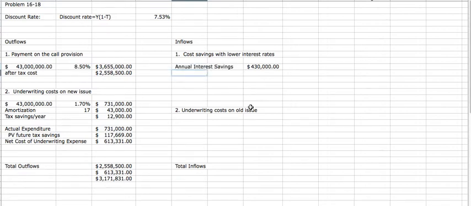But our problem here is that that is our cash savings, but remember, we can write off interest against taxes, so we need to calculate what our actual savings are after taxes.